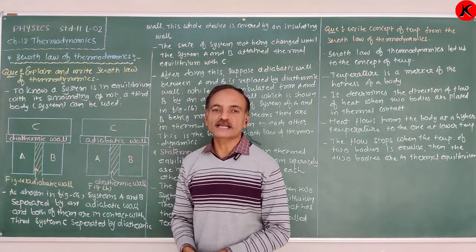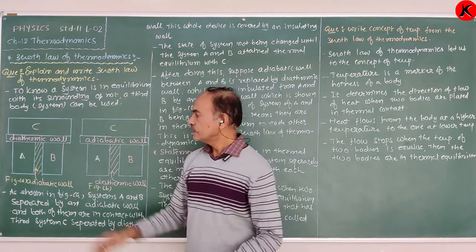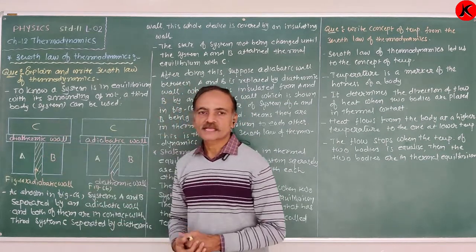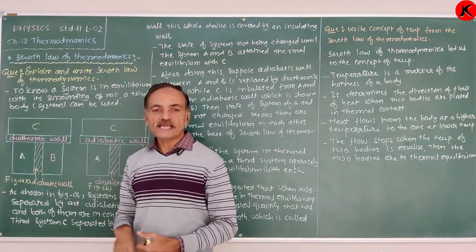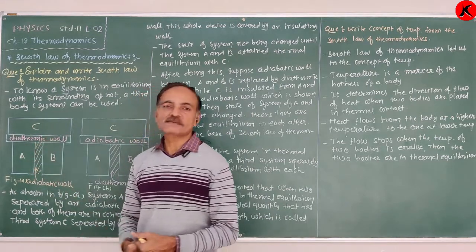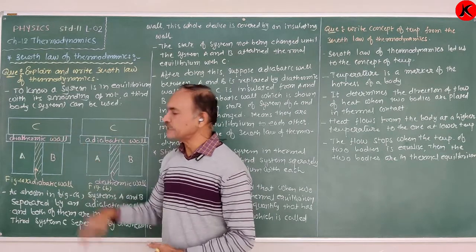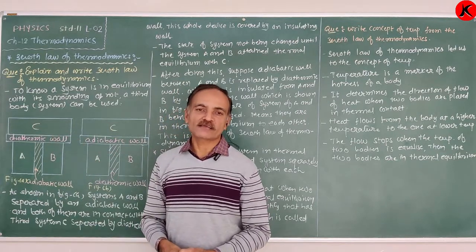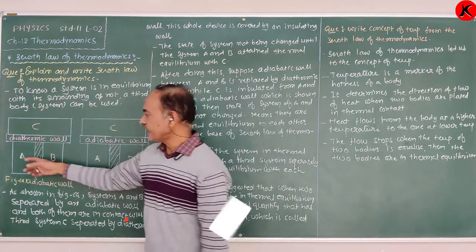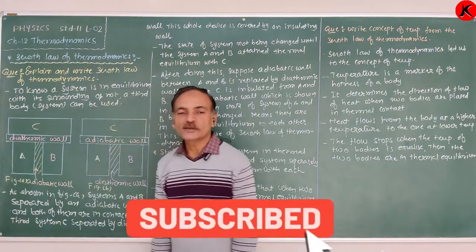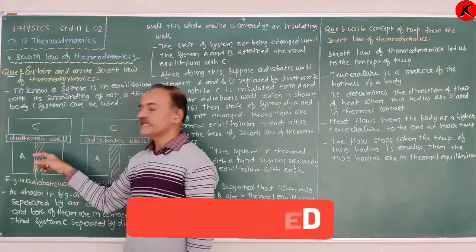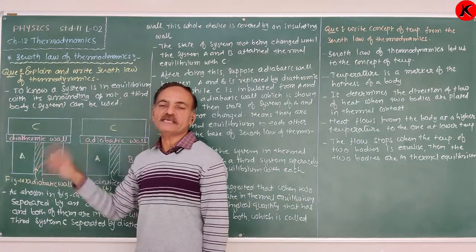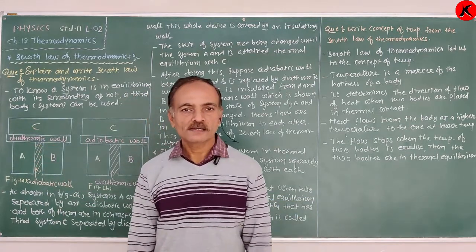An adiabatic wall is a non-conducting wall. The third system C is in contact with systems A and B through a diathermic wall. A diathermic wall is a conducting wall. So in short, A and B are separated by a non-conducting wall, while C is separated from A and B by a conducting wall.